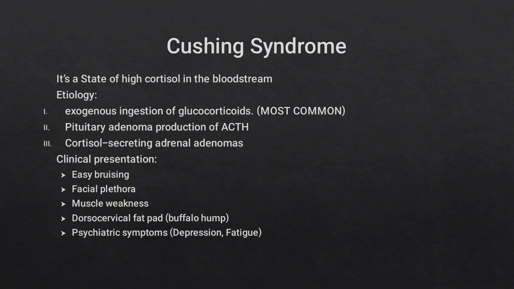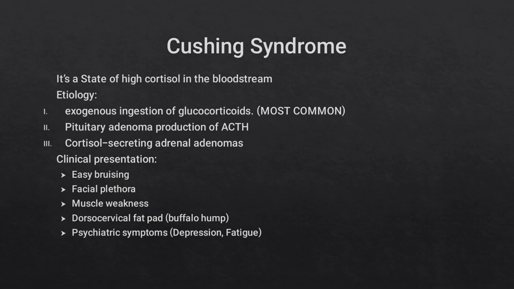The most important etiology of Cushing syndrome is exogenous ingestion of steroids. So take care of patients who have an autoimmune disease, or for example, patients who have a cancer and are taking steroids as immunosuppressive. Those patients can develop Cushing syndrome. So just taper the drug and everything goes well.